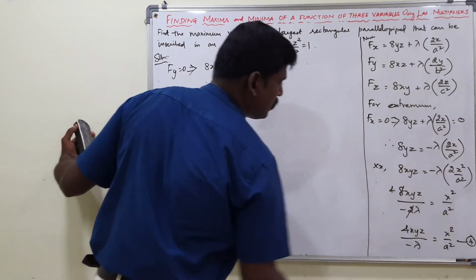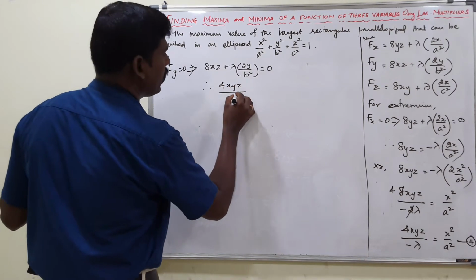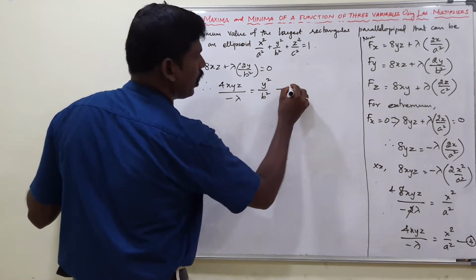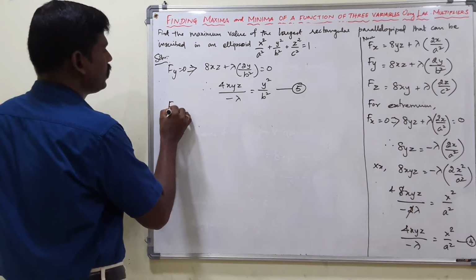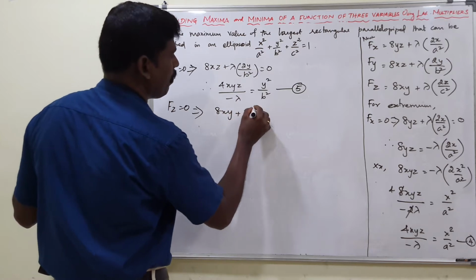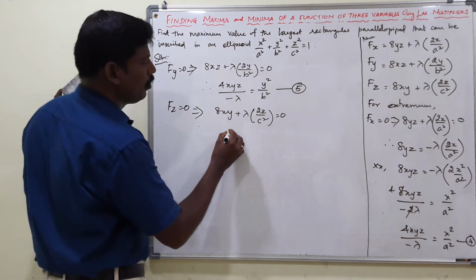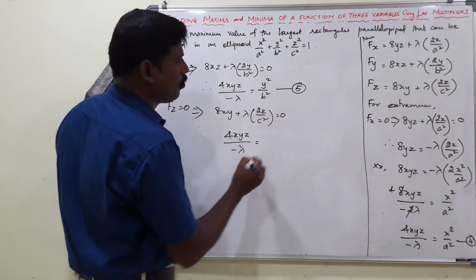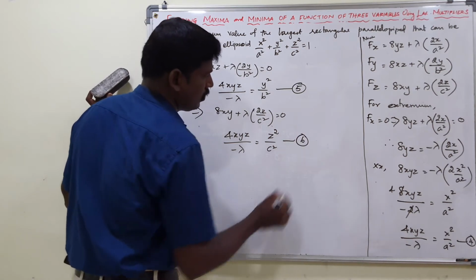After proceeding through these steps, you get 4xyz by minus lambda is equal to y square by b square. I call it equation number 5. Similarly, Fz equal to 0 implies 8xy plus lambda into 2z by c square is equal to 0. Similarly, you will get 4xyz by minus lambda is equal to z square by c square, equation number 6.